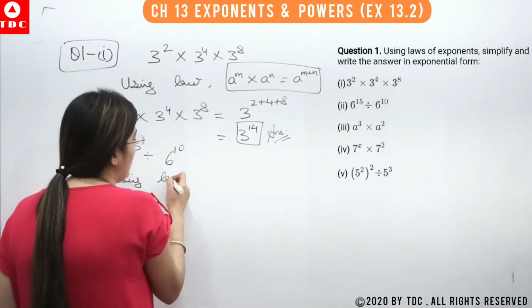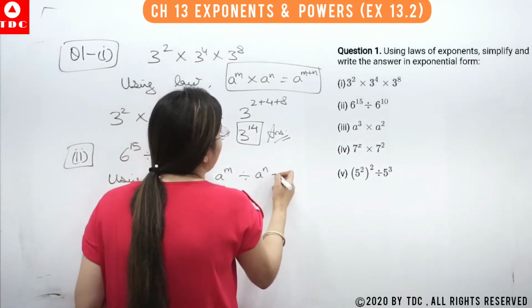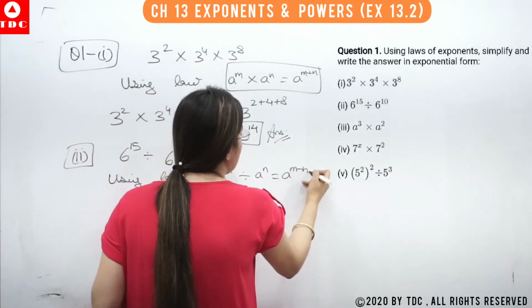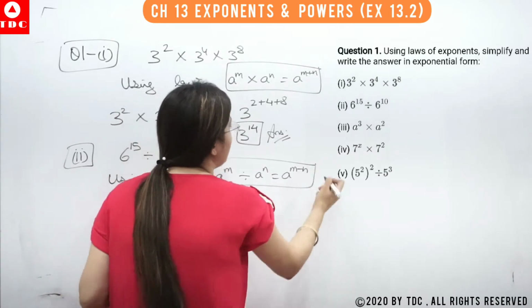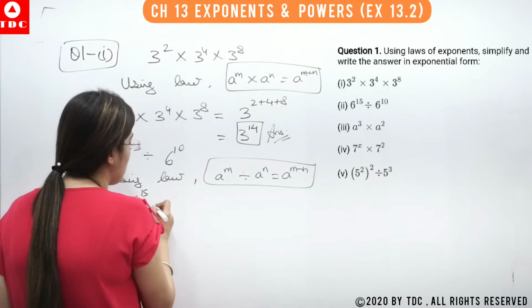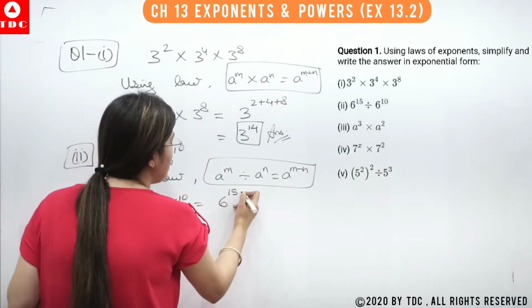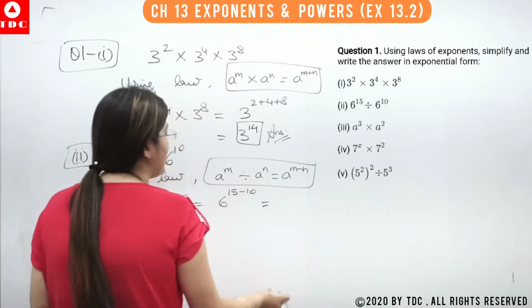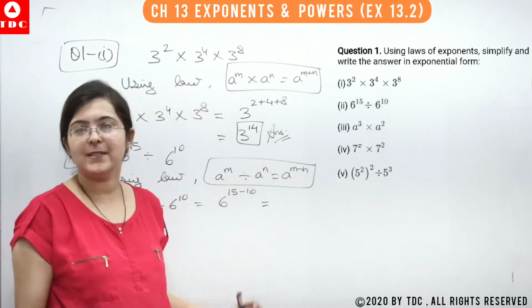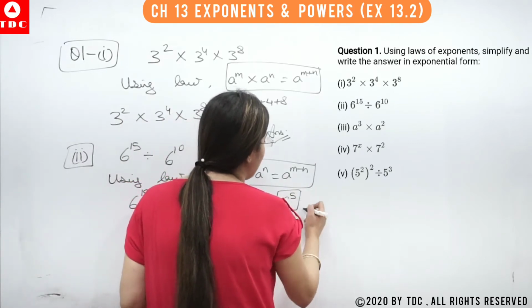So using law a to the power m divided by a to the power n, it will give a to the power m minus n. Now let's put 6 to the power 15 divided by 6 to the power 10. It will be 6 to the power 15 minus 10, because the powers would be subtracted. So the answer will be 6 to the power 5.